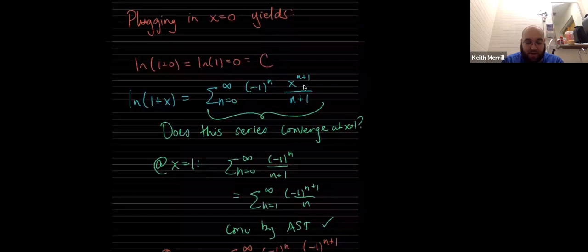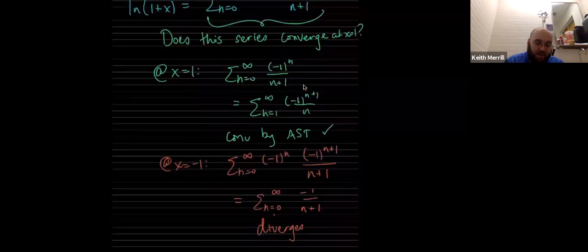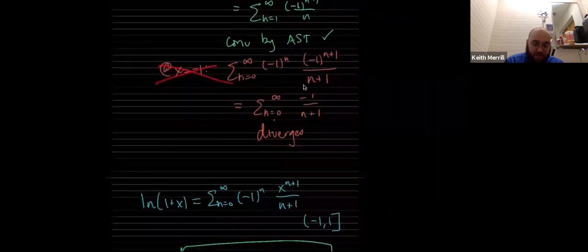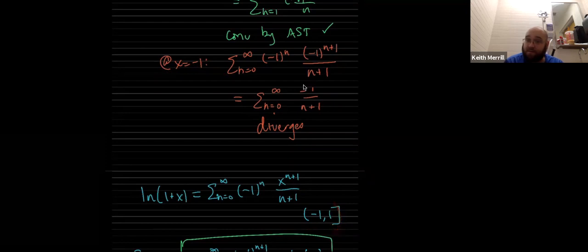And we went ahead and checked. The theorem says that you can sometimes pick up endpoints when you do this. So we checked, and lo and behold, it worked at 1 by the AST, but does not work at -1 still. So in this way, we've now expanded our interval of convergence. Previously, it did not have the endpoint, but now it does.